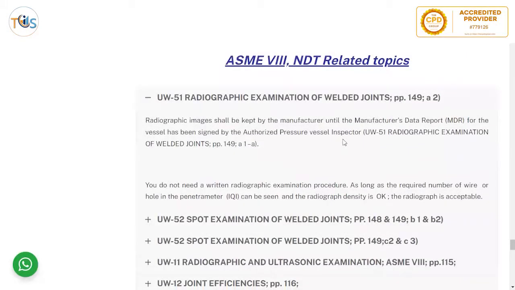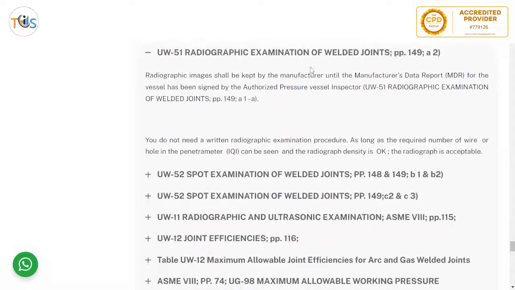There are some NDT related topics. UW-51 is radiographic examination of weld joints. You do not need a written radiographic examination procedure as long as the required number of wires or holes in the penetrameter can be seen. The radiographic sensitivity is okay and the radiograph is acceptable.